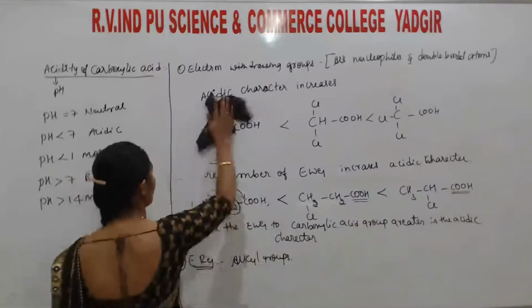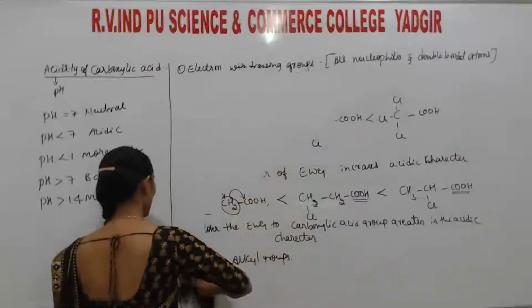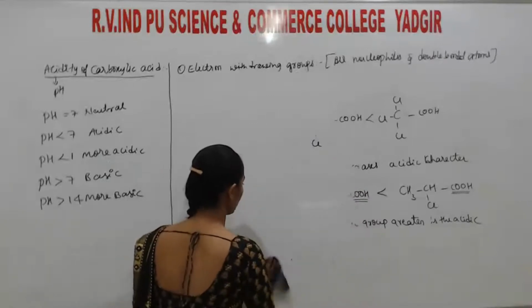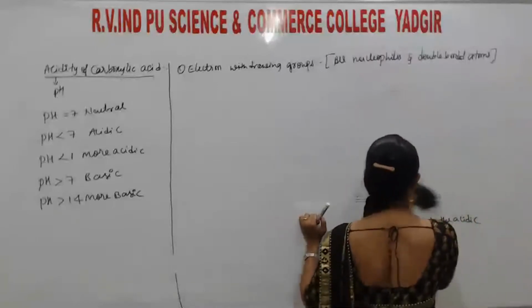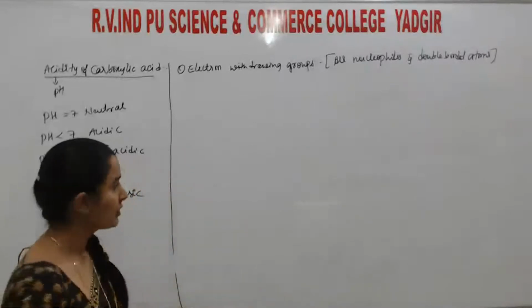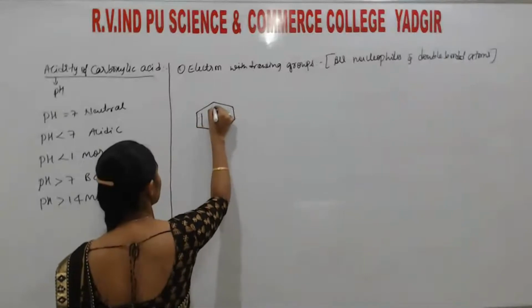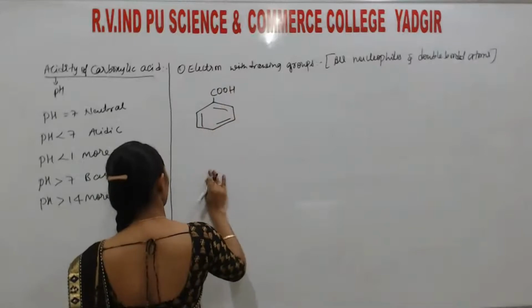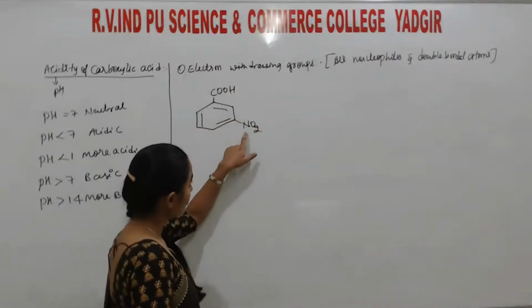Now we will discuss benzoic acid. In benzoic acid also it is the same. If an electron withdrawing group is there, then acidity increases; if an electron releasing group is there, then acidity decreases. If we take benzoic acid, we are not involving the COOH group here. Assume an NO2 group is there.